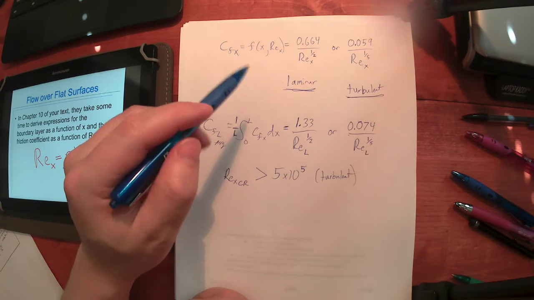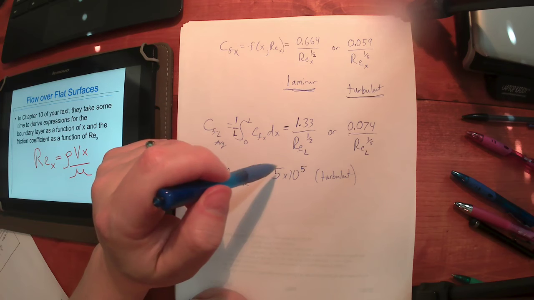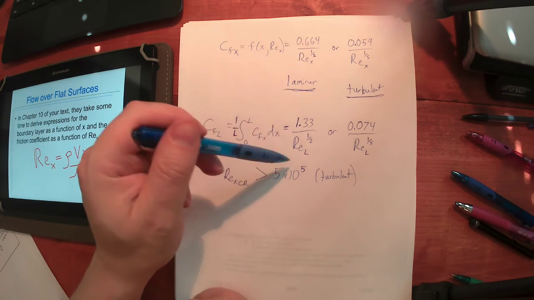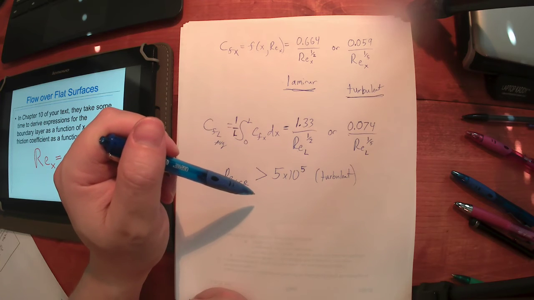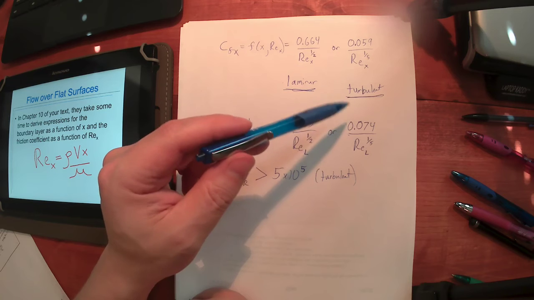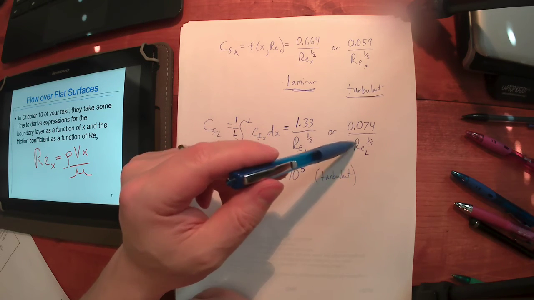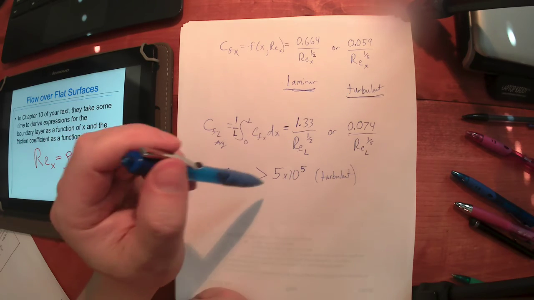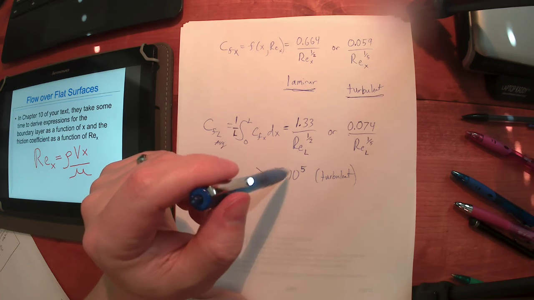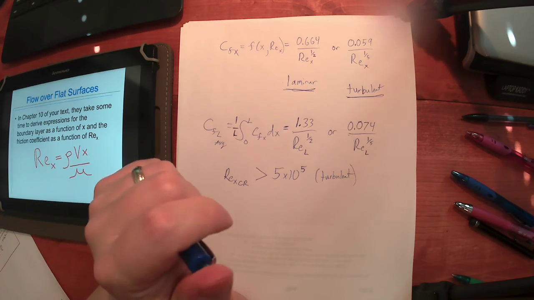At least we could expect that. So we're saying if you compute the Reynolds number out at length L and you get less than 5 times 10 to the 5, then essentially the entire plate is in the laminar region. Now, if say maybe 90% of the plate, so if you come out to 10% of the length, you compute the Reynolds number at 10% of the length, and you get a value greater than 5 times 10 to the 5, you're probably better served to just use this quantity here.